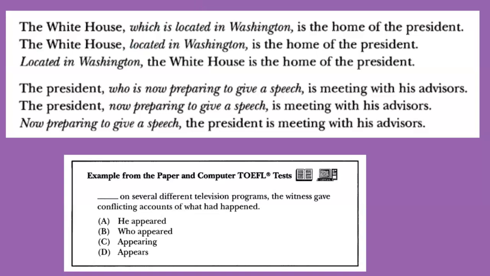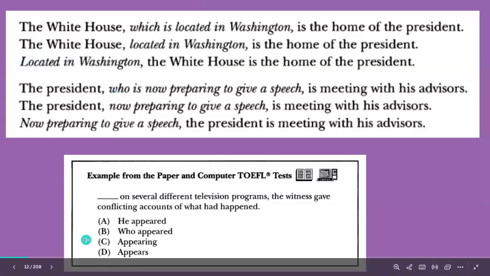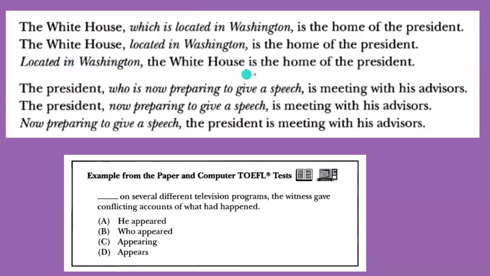And that one is also correct. And we can also see it at the beginning, like in this question: Located in Washington, the White House is the home of the president. Again, a reduced clause.